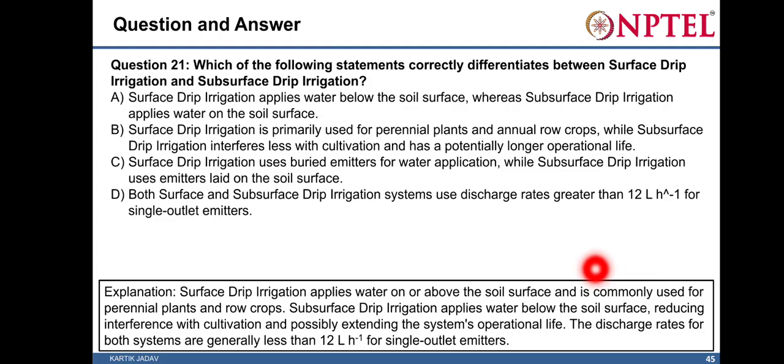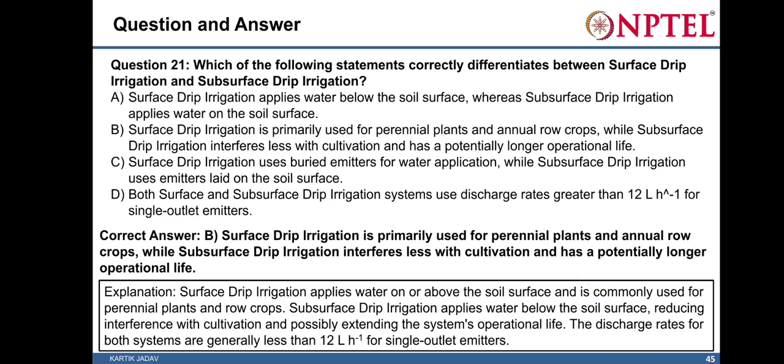Subsurface drip irrigation system applies water below the soil surface and it reduces the interference with cultivation and possibly expands system operational life. So discharge rates for both systems are generally less than 12 liters per hour. Okay, so correct answer is option B.